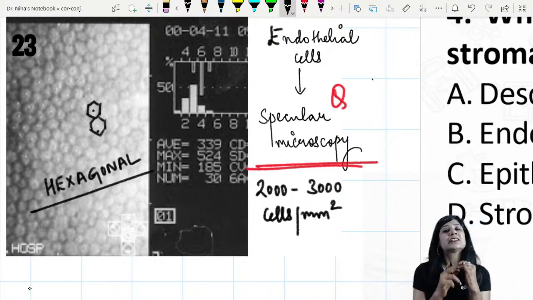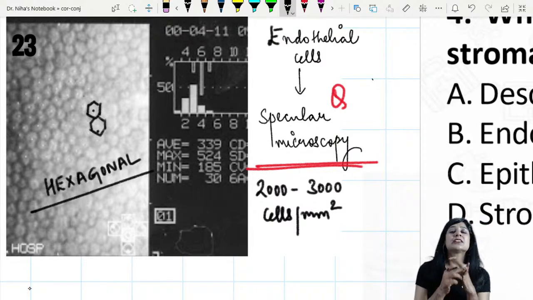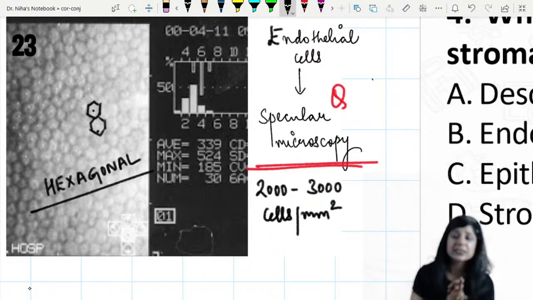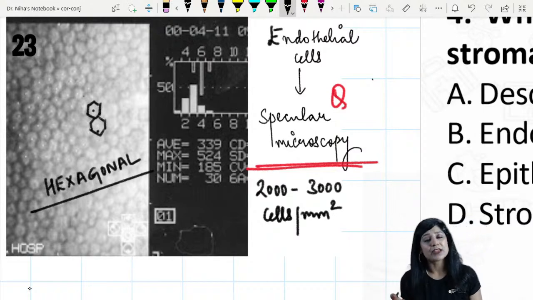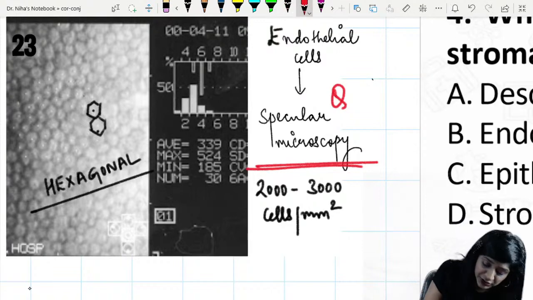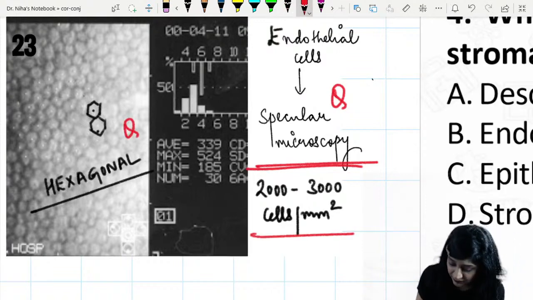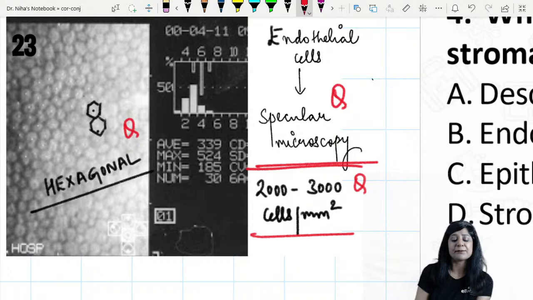Endothelial cells are metabolically active cells, responsible for transparency, and they are seen by specular microscopy. Then we have the shape of the cells and the count of the cells. These are the important things.